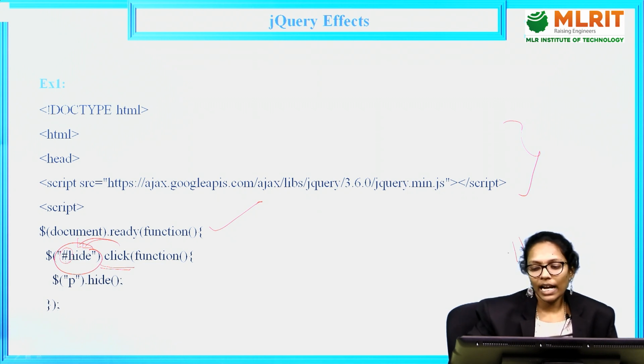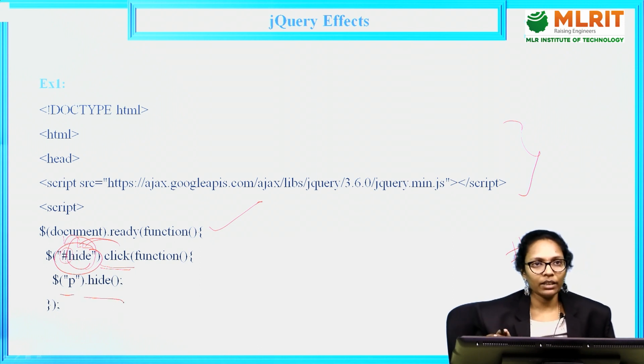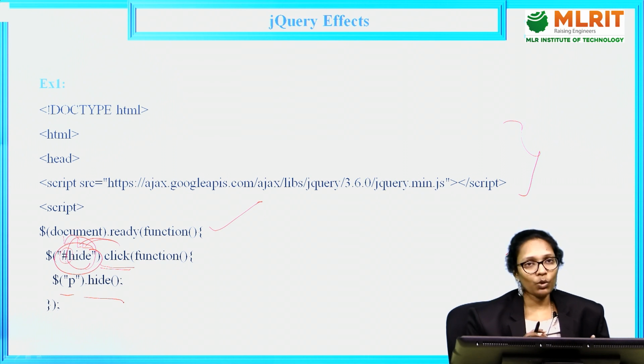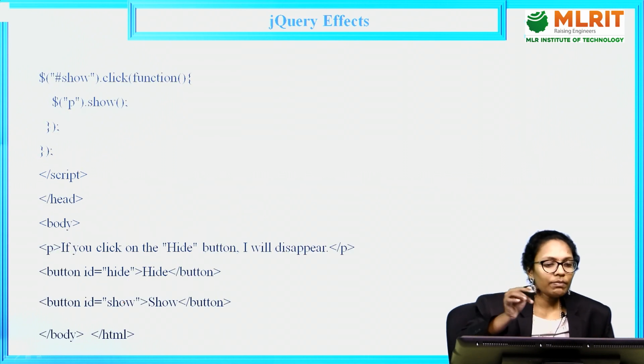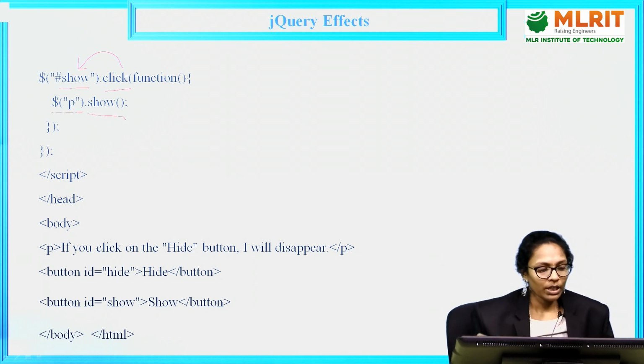If I write hash, it indicates an ID. So #hide is the ID of that element. In the same way, if I click on the element with the ID show, that paragraph will be shown.